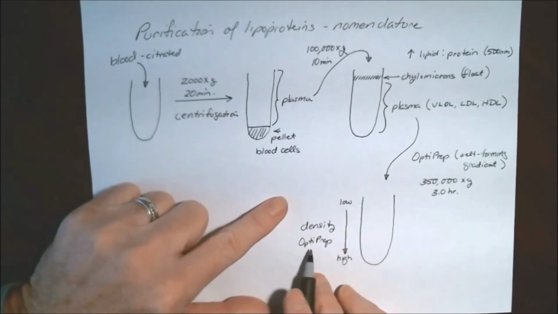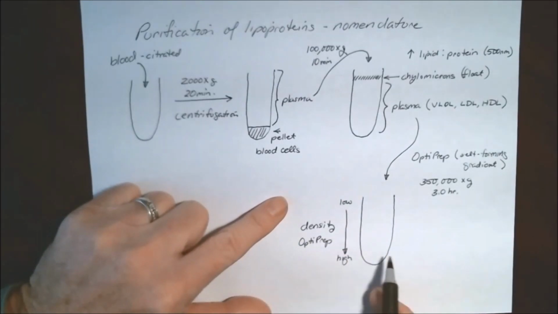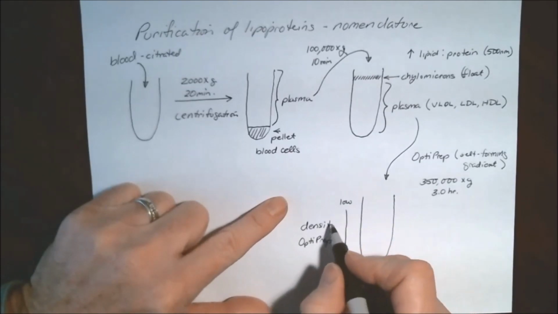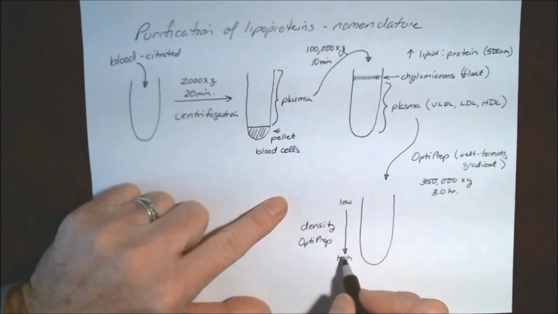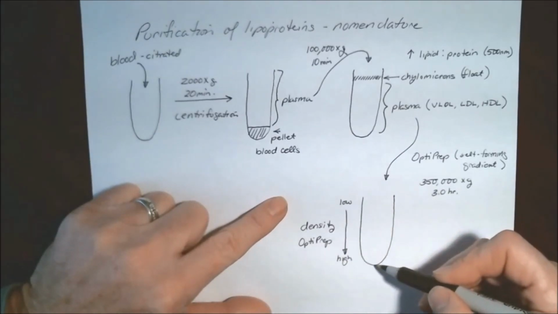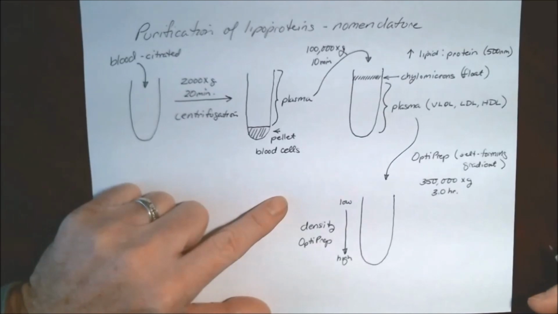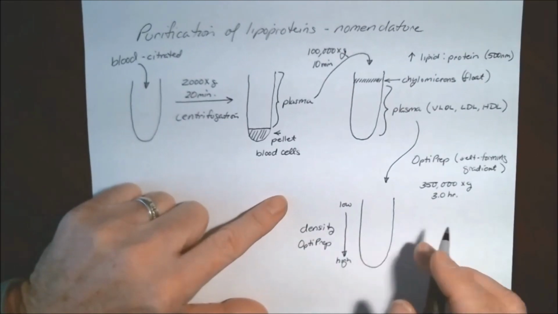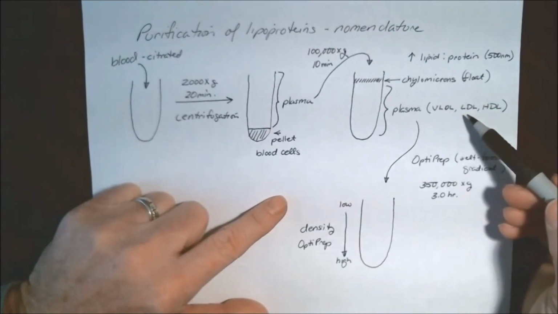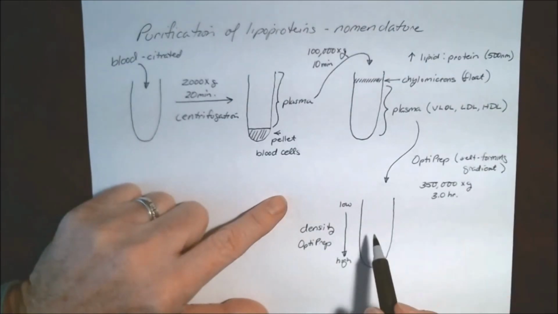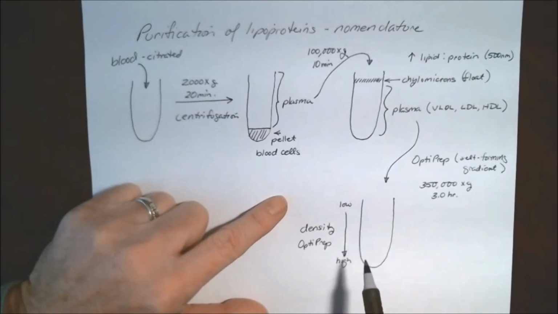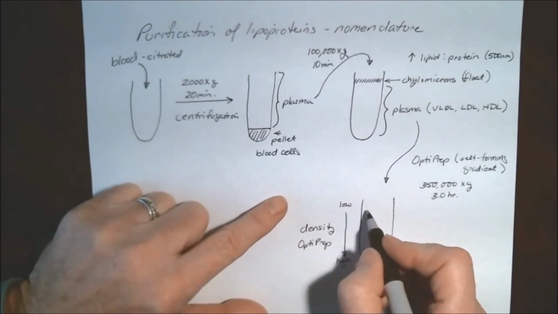So the particles in the OptiPrep under centrifugation pressures, the lower density particles will move to the top, the higher density particles will move to the bottom, and we will have a continuous gradient of densities. What that allows us to do now is when we have our plasma mixed in here, the lipoprotein particles of interest are going to migrate in the tube to their correct densities.